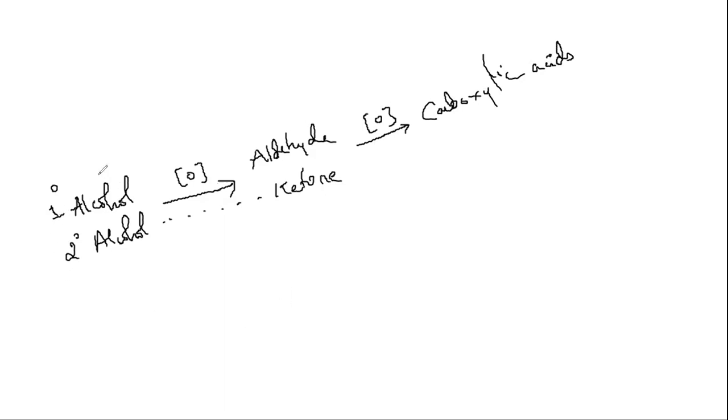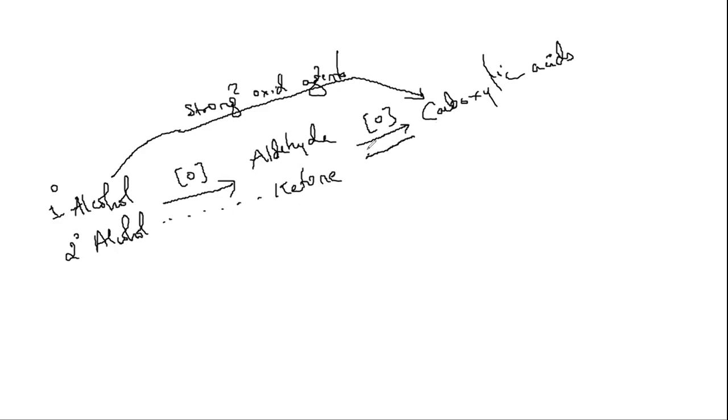But if you are using a very strong oxidizing agent, alcohols get directly converted to carboxylic acid. Coming the other way around, if you have a carboxylic group and if you carry out reduction, you will get an aldehyde or a ketone.